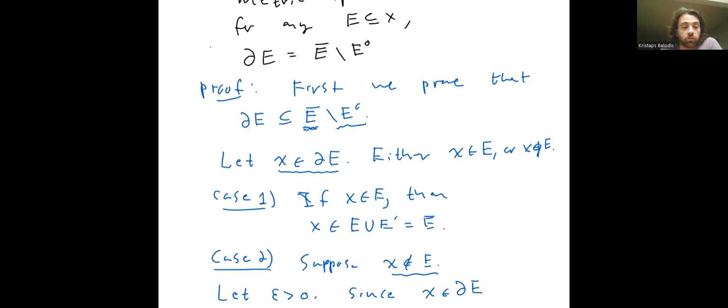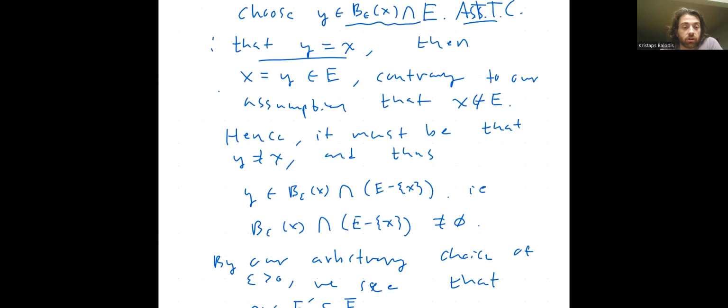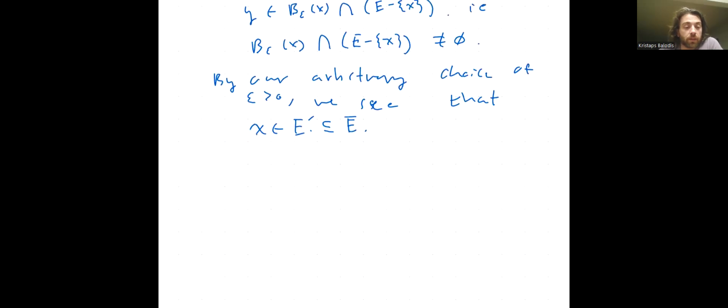We started with the assumption that x is in the boundary of E. We've shown that x is in the closure of E, but in order to finish off this direction, we need to convince the reader that x is not in the interior of E, right? So thus, in any case, x is in E bar.